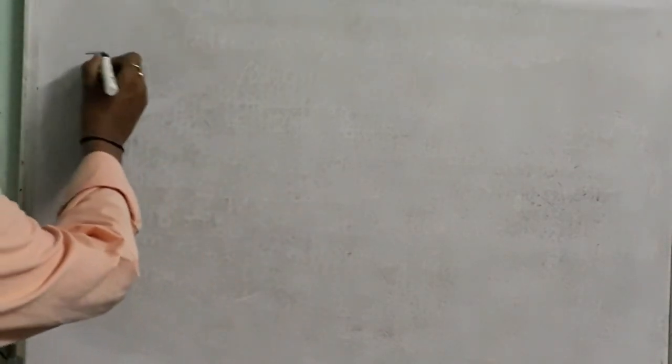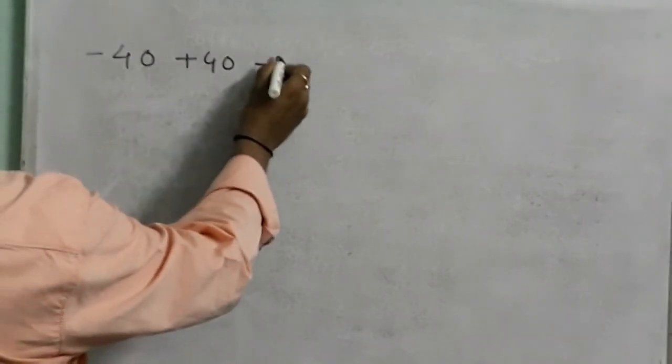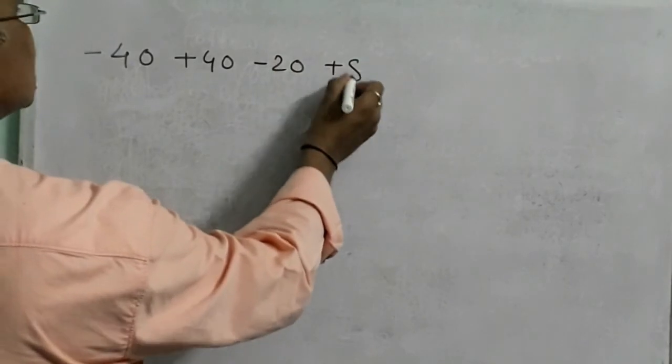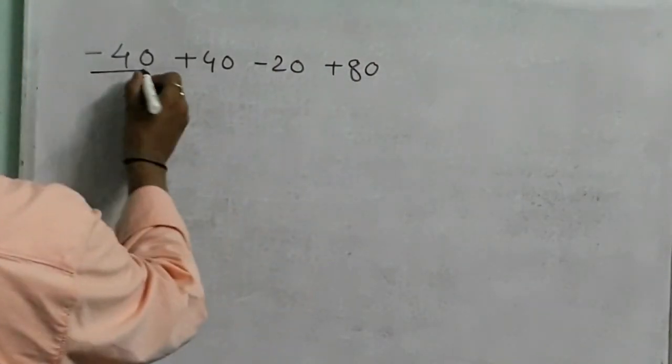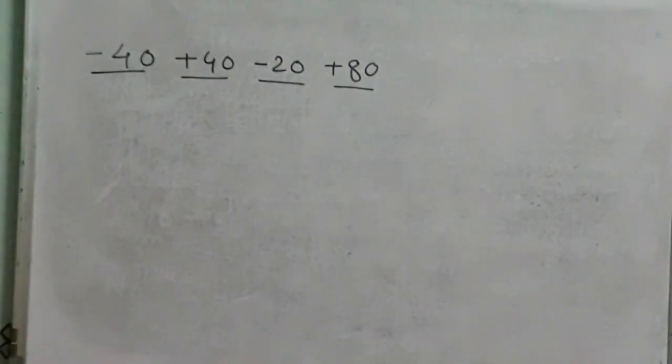If it is multiple choice, he may give you options like -40, +40, -20, +80 and so on: first option, second option, third option, fourth option. So the meaning of this question is: which value is such that it remains the same in degree centigrade and also the same in degree Fahrenheit.